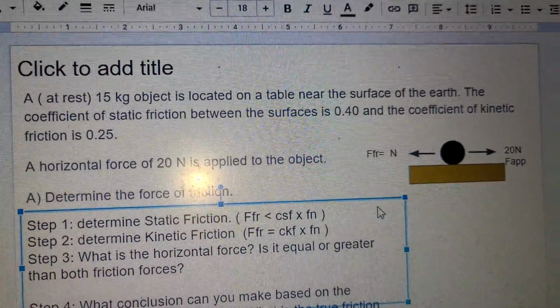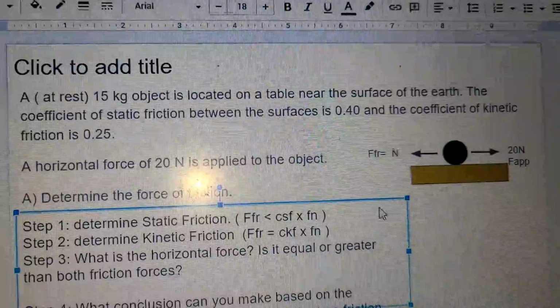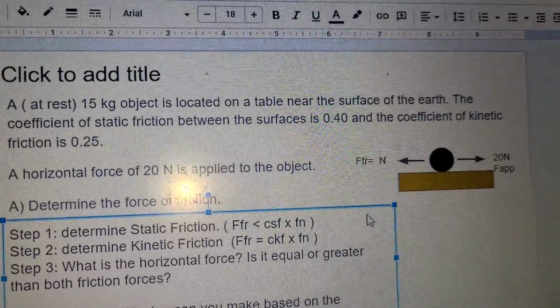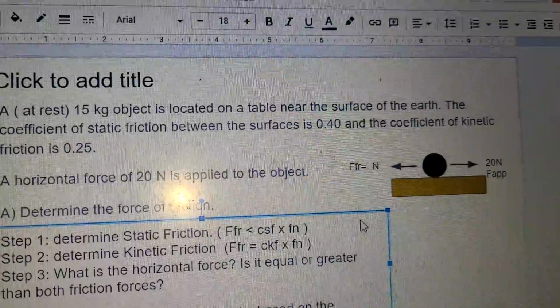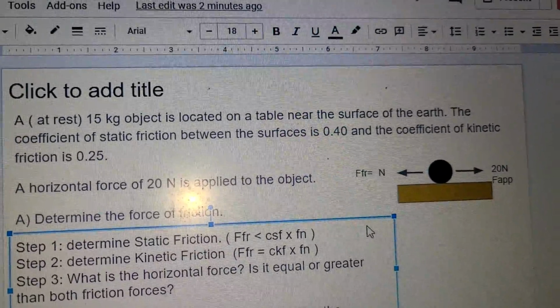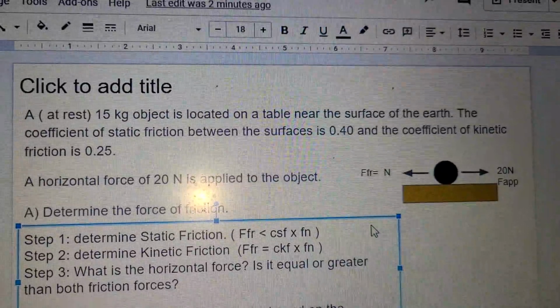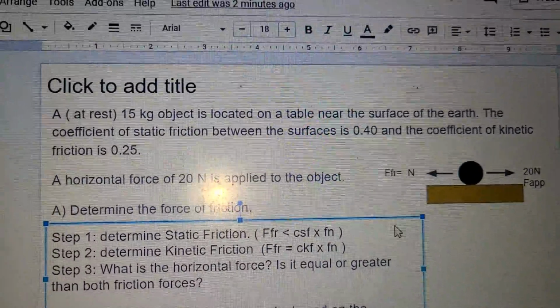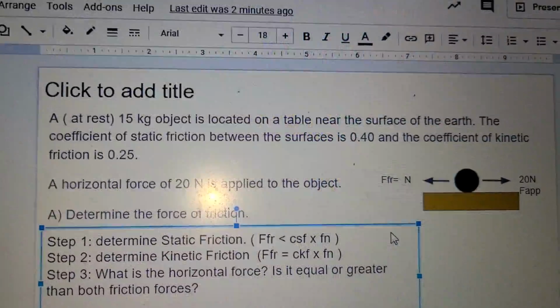So static friction is an item that is at rest due to friction. Don't forget that. And coefficient of kinetic friction is an item that's in motion with friction still playing a part in it. So one is in motion with friction and one is at rest because of friction. Does that make sense so far?